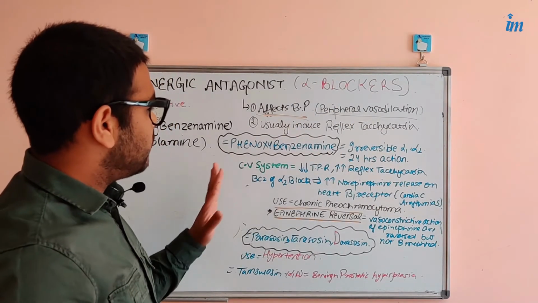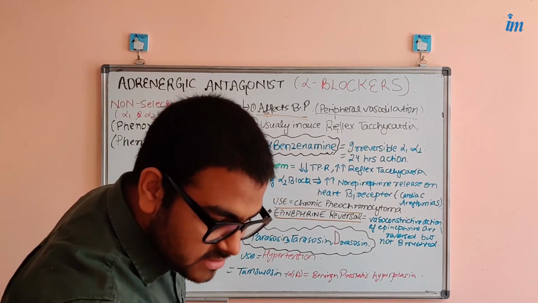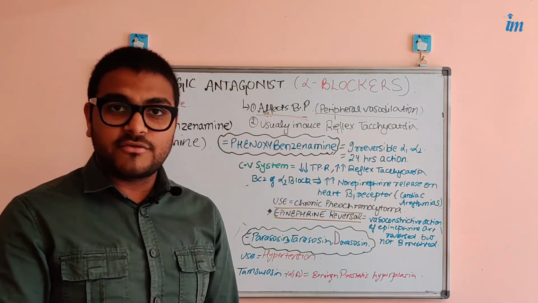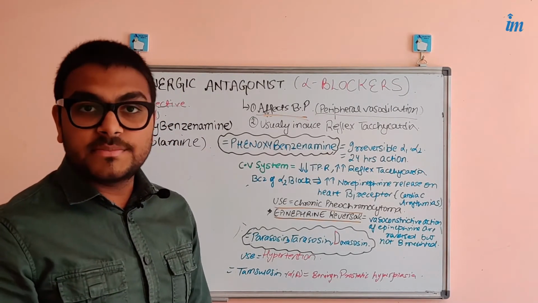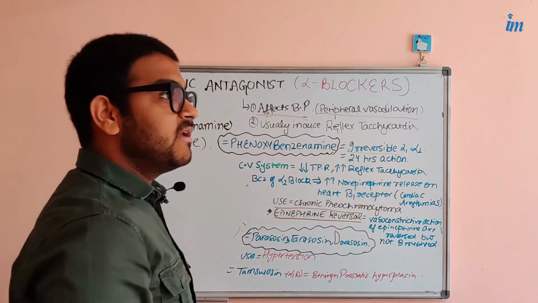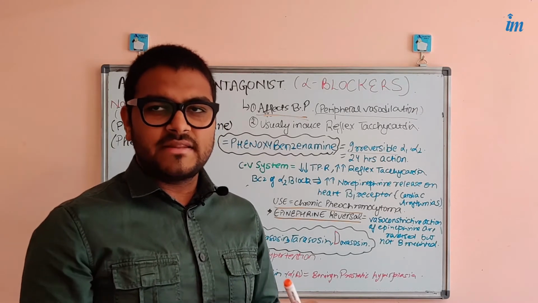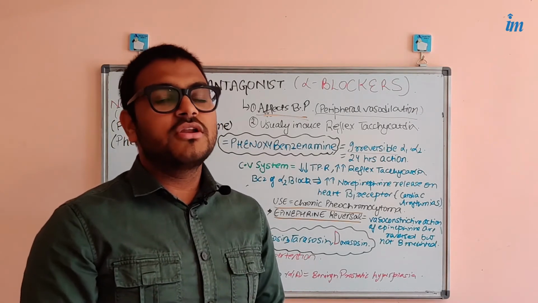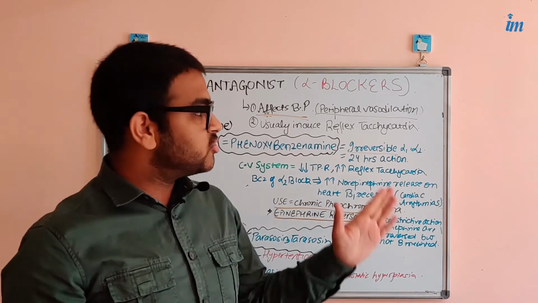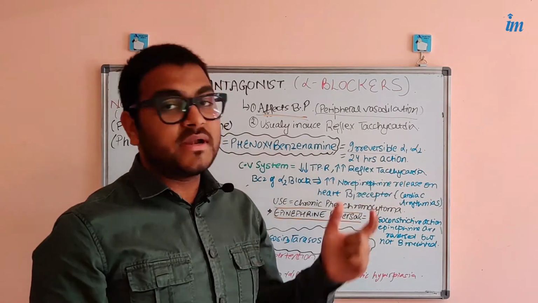So let us now mainly concentrate on phenoxybenzamine. Phenoxybenzamine is a drug that blocks the alpha 1 and the alpha 2 receptors irreversibly, and this irreversible blocking means that all the effects of norepinephrine and epinephrine on your alpha 1 receptor are reduced drastically, and this blockage can last for 24 hours.